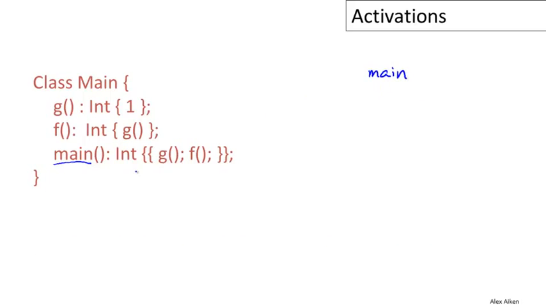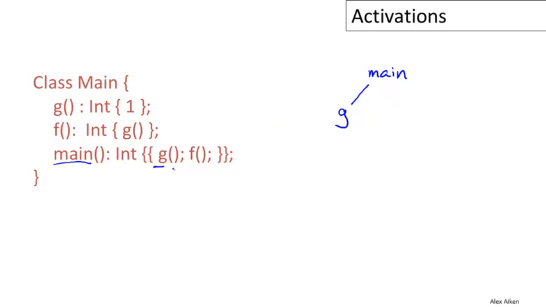And main is going to call the method G, and so G's lifetime, the period of time of the execution where G exists, is going to be properly contained within the execution of this call to main. And so we can illustrate that by making G a child of main. So this indicates the fact that G is a direct child of main, indicates that main calls G, and also that G's lifetime is properly contained within the lifetime of main.